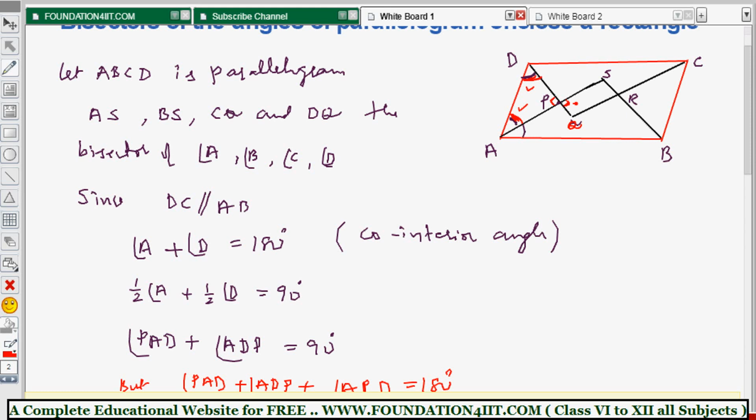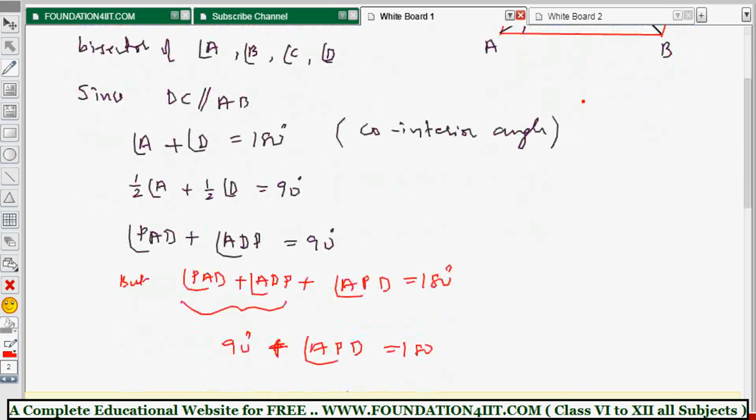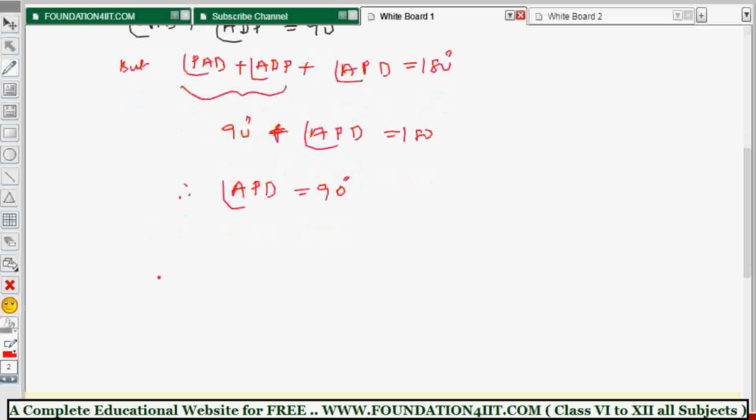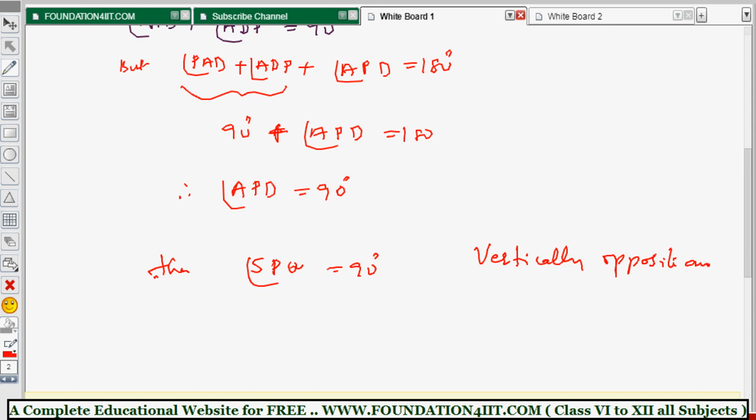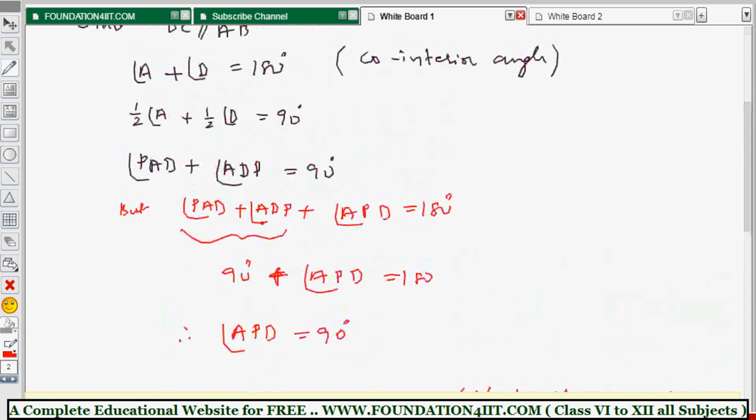So SPQ is also 90 degrees because vertically opposite angles are equal. So one angle we got as 90 degrees by taking this.